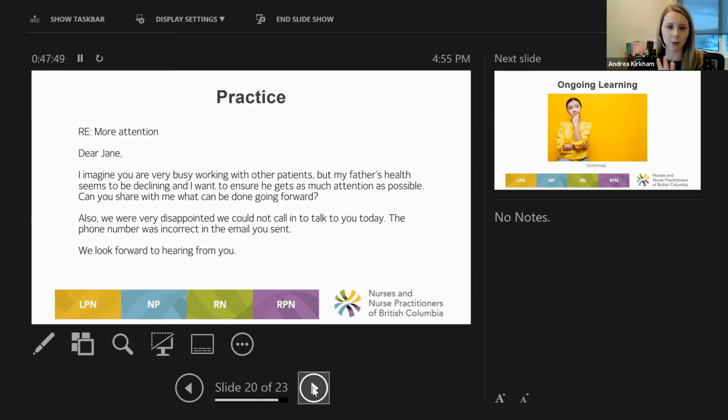Without tone, because we've discussed you can't actually read tone in an email because you'll never know for certain which way it was supposed to be intended. So looking at it, she's acknowledging that you're busy. Her father's health is declining, so she's hoping he can get some attention. What can be done? And we look forward to hearing from you. So those are essentially what's actually being said here.